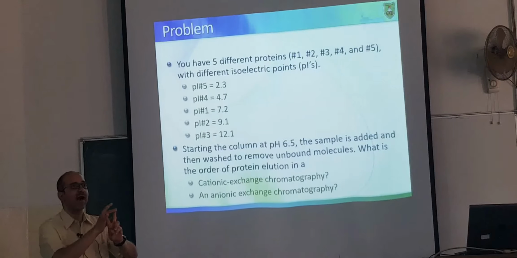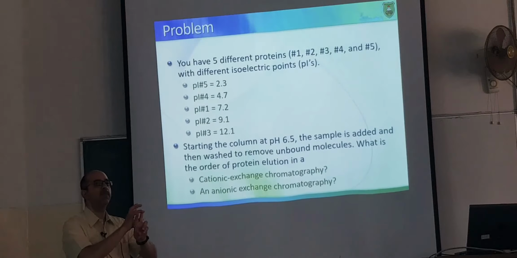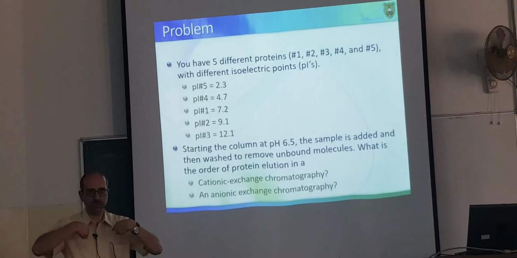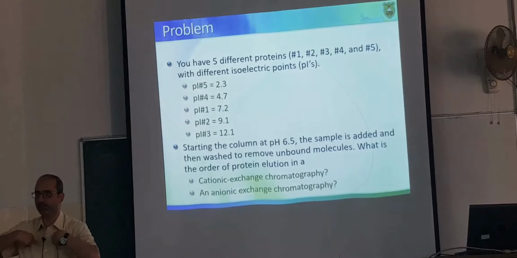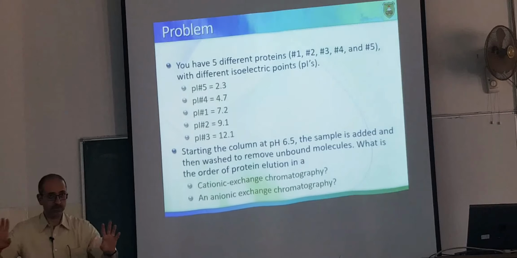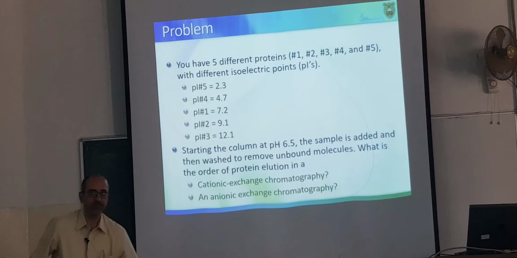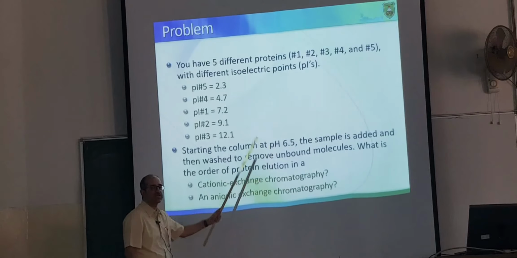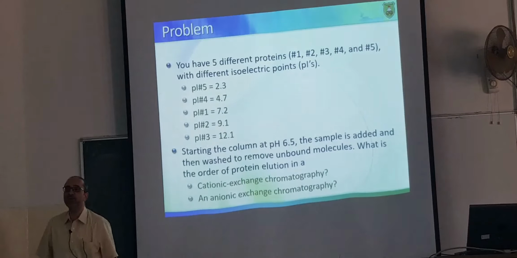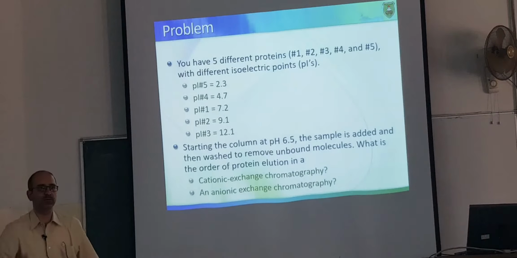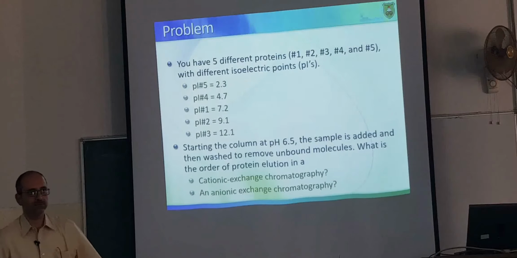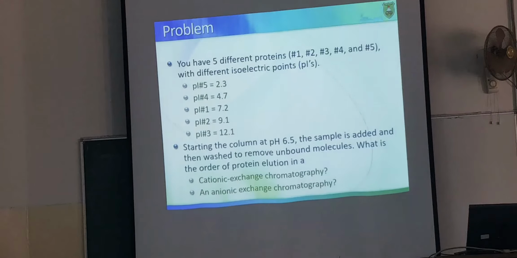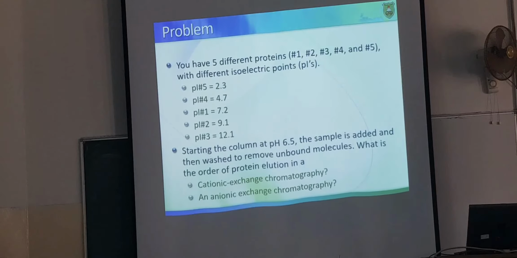Elution means I'm releasing the bound proteins that I want to purify. Okay? Pay attention to these two words. If I use cationic exchange chromatography at pH 6.5, which proteins would be washed out? The proteins that would not bind to the column.